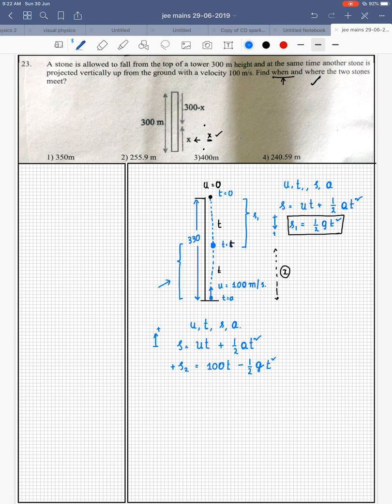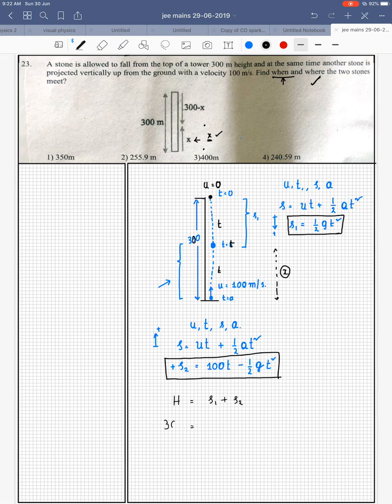Now immediately I got an idea. Because the total height is given as 300, that height equals s1 plus s2. So let me add both of them.